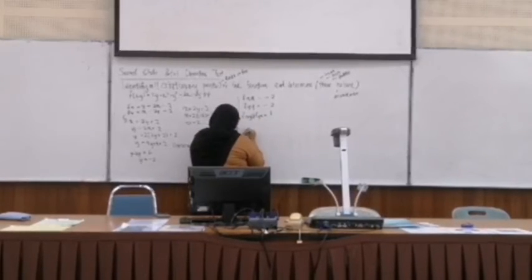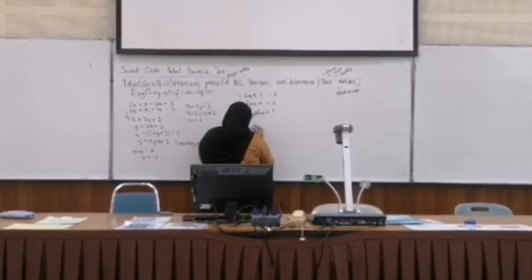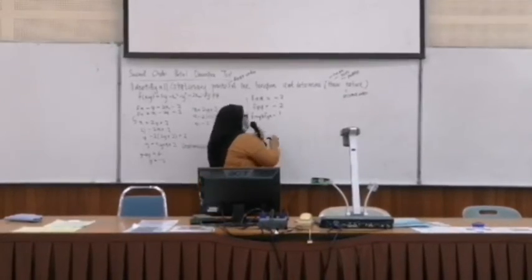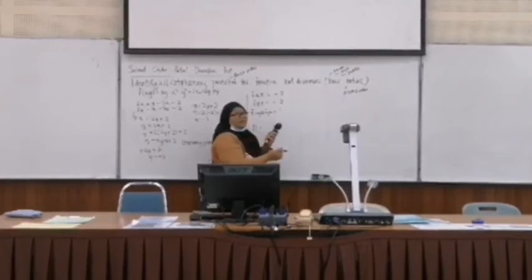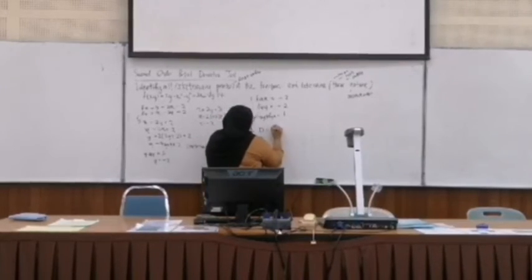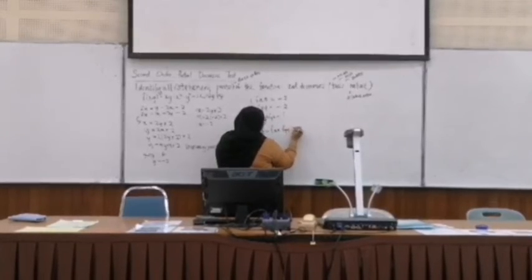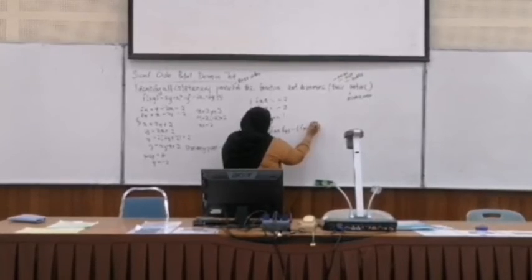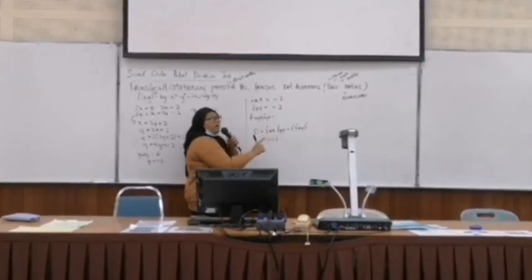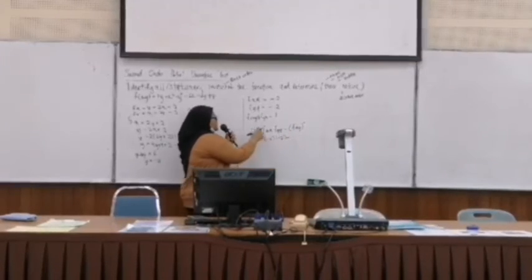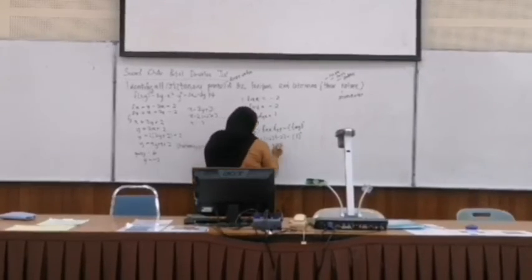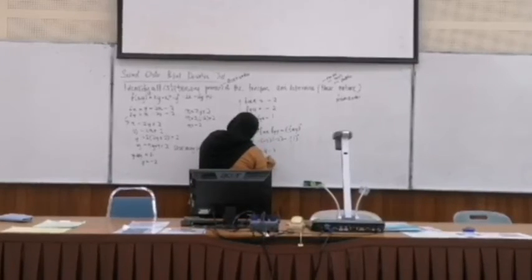So the formula for the derivative point is D equal to fxx fyy minus fxy to the power of 2, and we just substitute the values with fxx equal to -2, fyy equal to -2, and the fxy is 1 to the power of 2, and we will get -2 times -2 equal to 4 minus 1, and we will get 3.